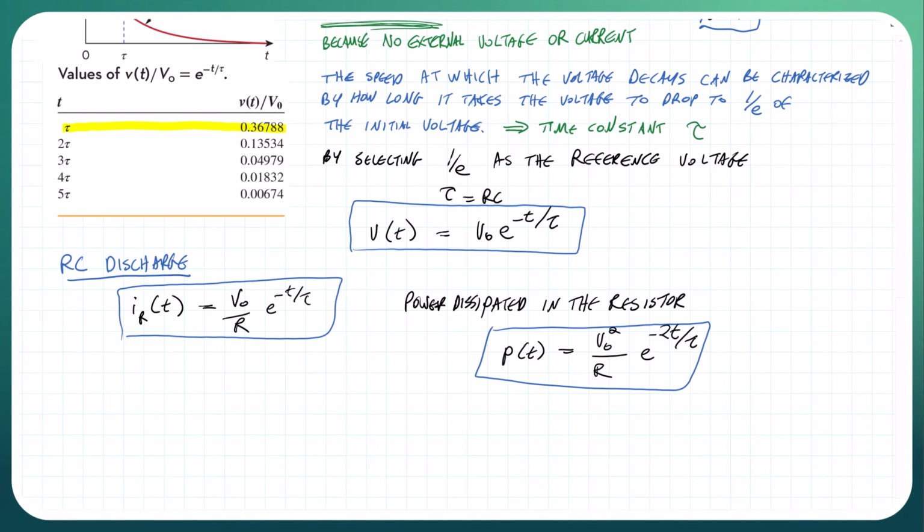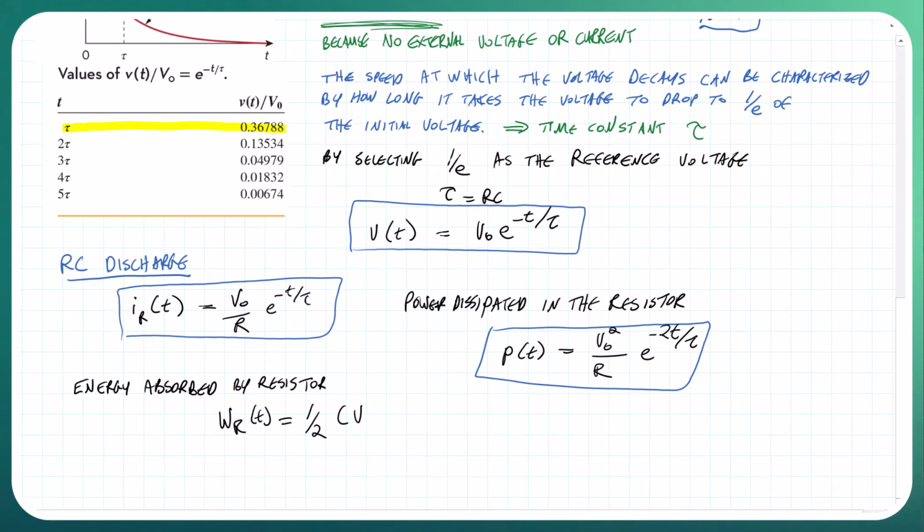And then the energy absorbed by the resistor again is W sub R with regards to time is 1/2 capacitance V naught squared times 1 minus E to the minus 2T over tau.